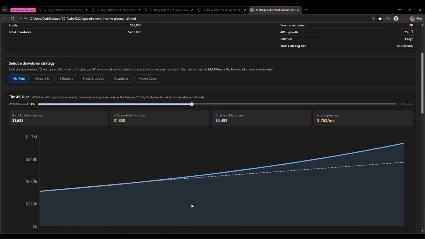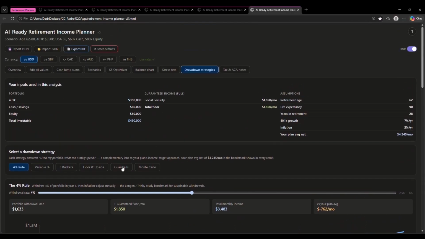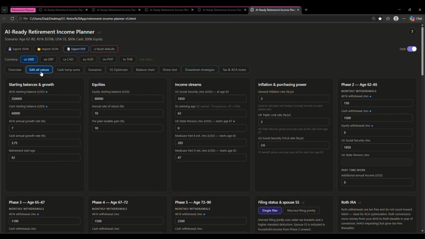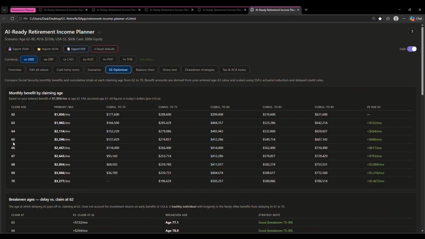So let's actually jump in and make one of those changes just to see how it affects our plan. We're going to edit all values, and before we do this, we're going to adjust to age 65. We're going to say, what would it be if we retired at 65? So we'll go to the Social Security optimizer. It says 2,290 a month.